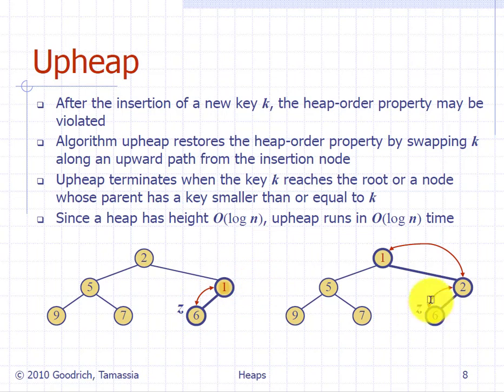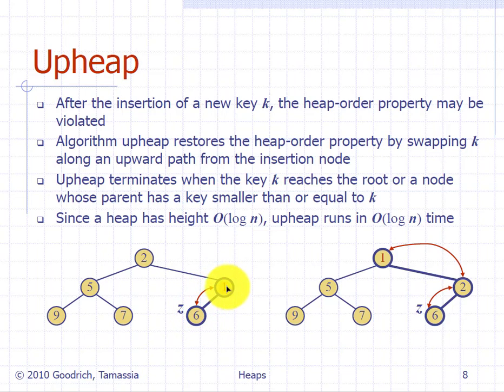In this example, we did all the possible swaps. We swapped from the bottom to the second layer, the third layer to the second layer, then from the second layer to the first layer. It could have happened that the heap order property was restored once we did the first swap. It's very possible. But it wasn't. Suppose we inserted a 3 instead of a 1.